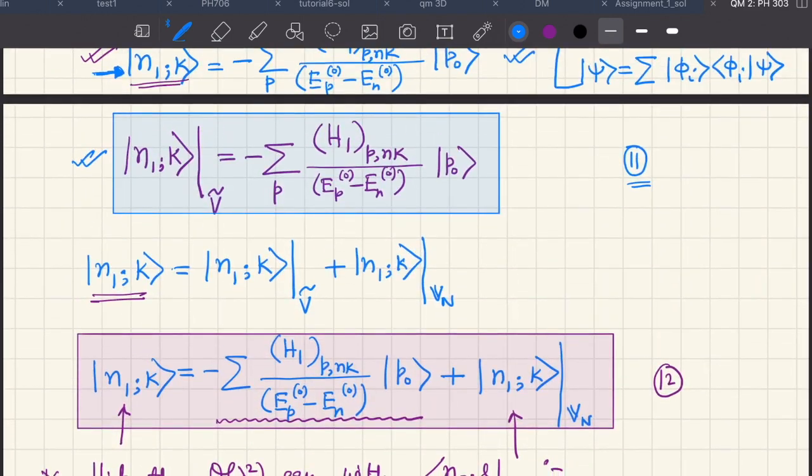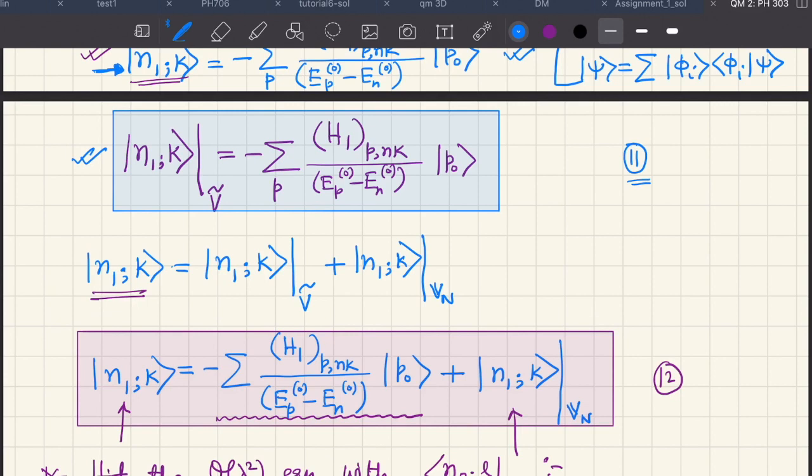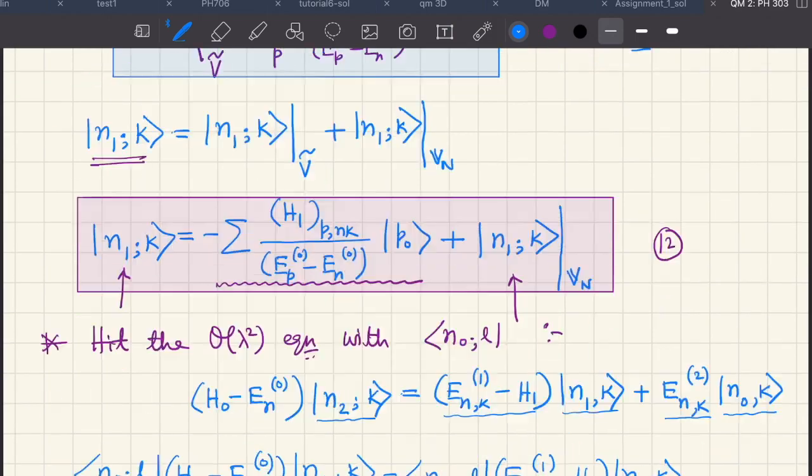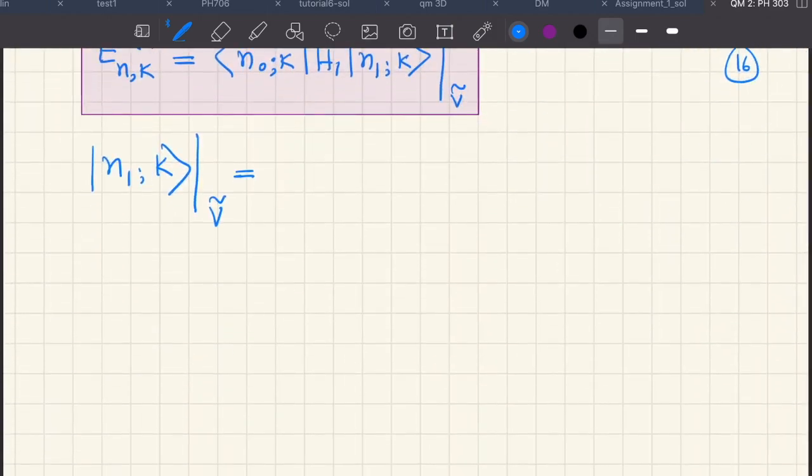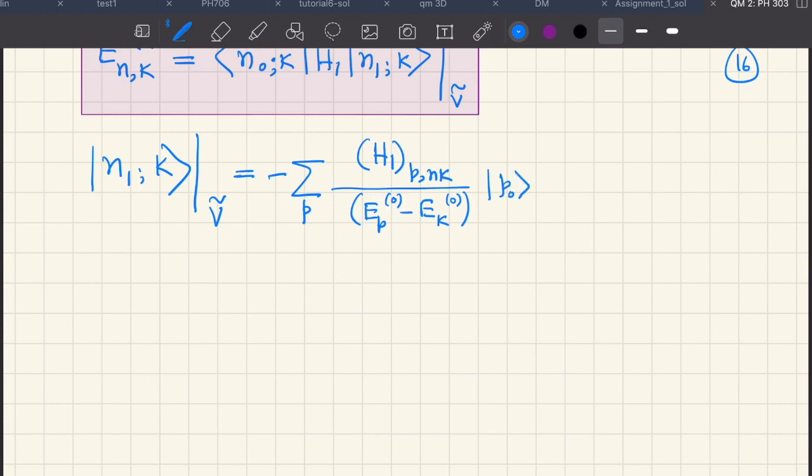So |n1K⟩ along V tilde was minus sum over p, the matrix element of the perturbing matrix with components along p and nK, that is V tilde and Vn directions, divided by E_p^0 minus E_n^0. So this is going to be minus sum over p H1_{p,nK} divided by E_p^0 minus E_K^0, |p0⟩. This is what we already know.